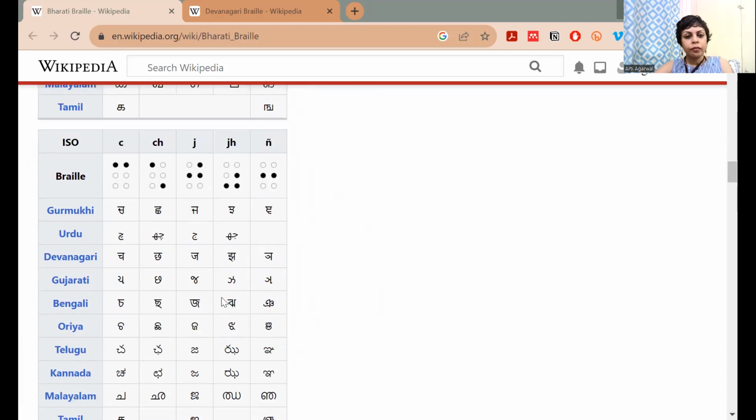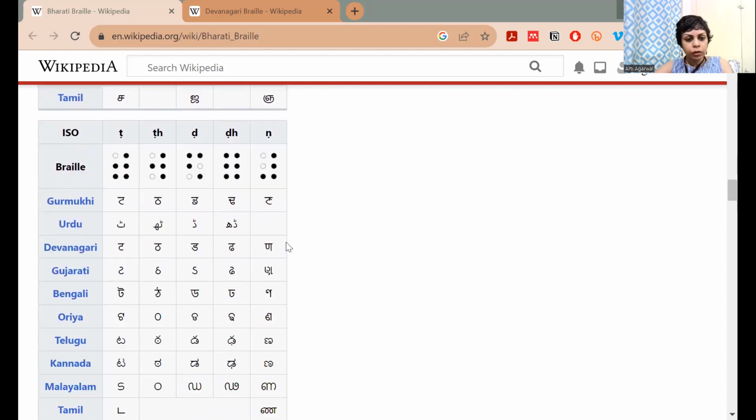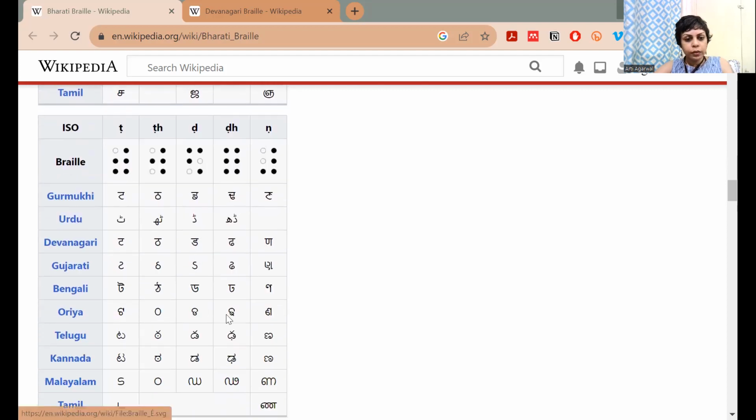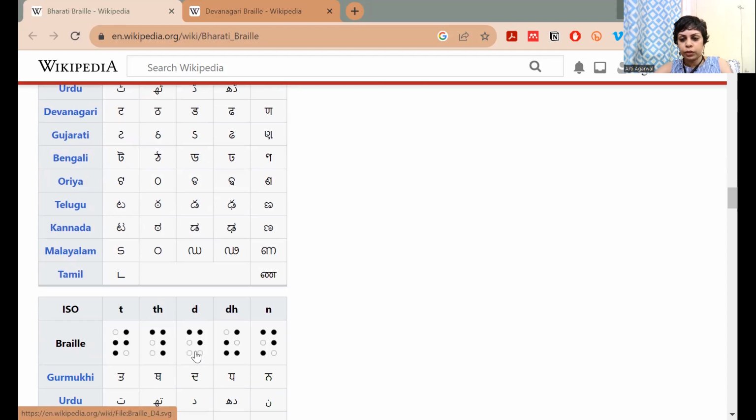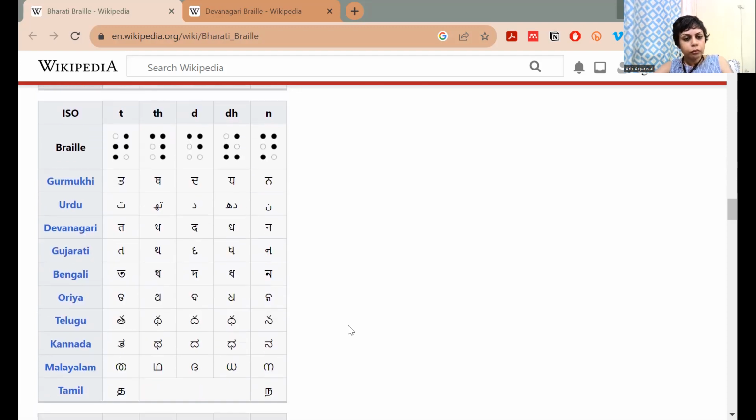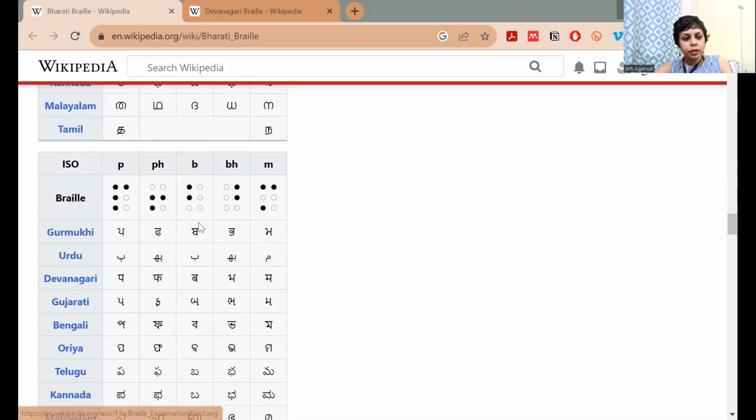You can see na is missing in Urdu. So all these languages have the same code. Otherwise, they are all missing in Tamil. Right, so this is the braille.